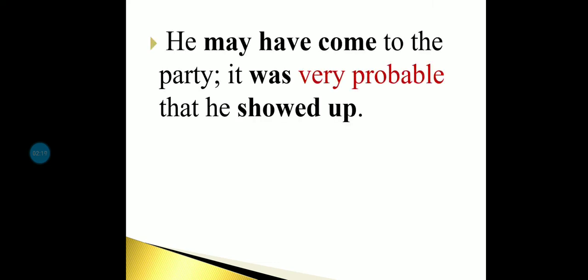Alright, the first one here we have, he may have come to the party. It was very probable that he showed up. Now you can see that the form may have, or may've, equals the past tense. Yeah, they are parallel. May have equals past tense.